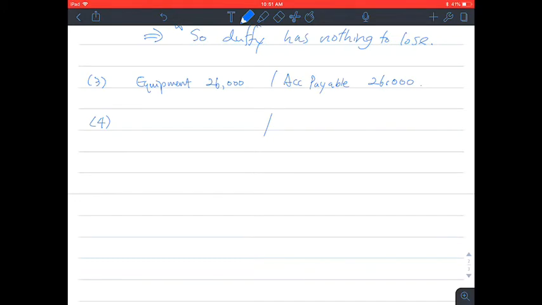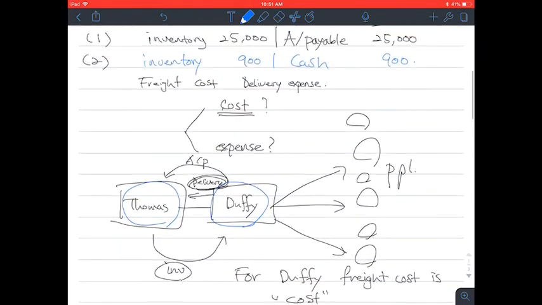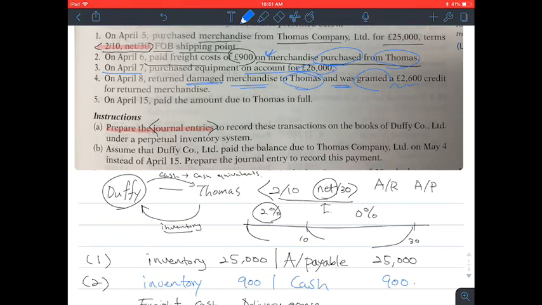His inventory amount will be decreased by 2,600. And he no longer has the obligation to pay the same amount in the future, right? Okay.